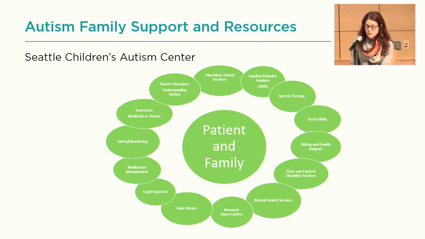We have a lot of these services in place, but we talked a lot about these already. So in a nutshell, the recommendations are very specific to each child that comes in. They're thought about after we gather information, and then we come up with the plan, prioritize, and move forward.